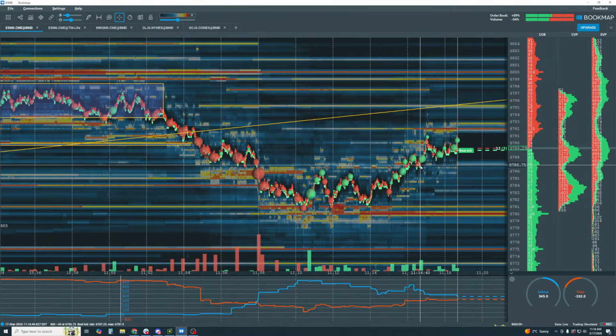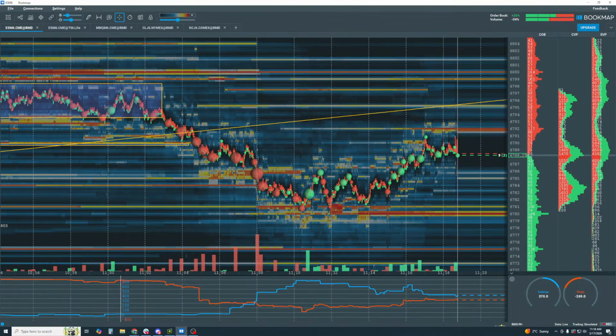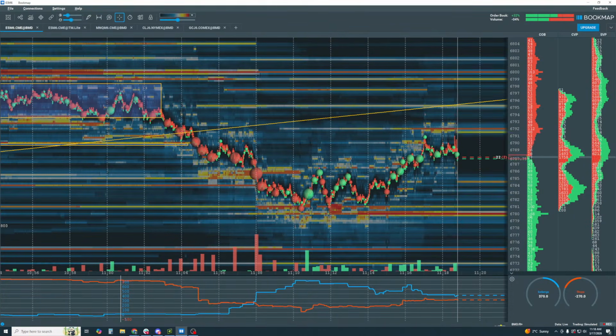Yeah, John, he used to like it like that. I think he's kind of gotten into more of the clustering now. John was in here earlier.